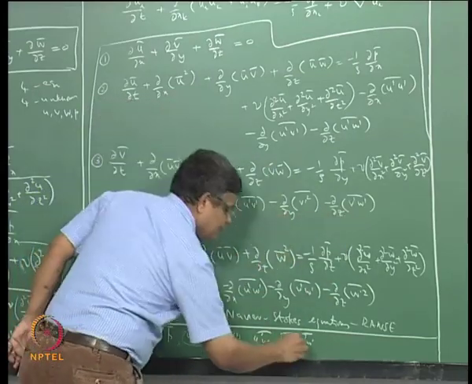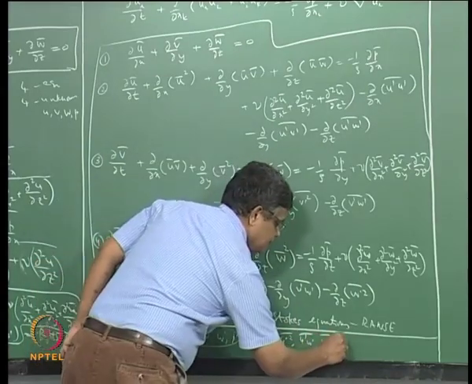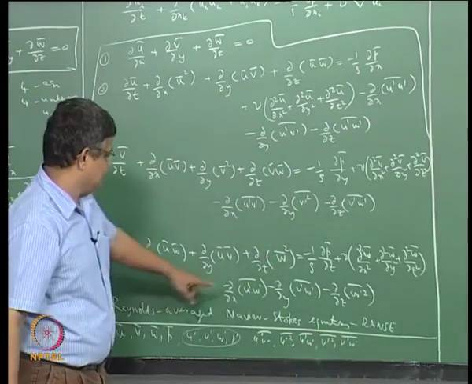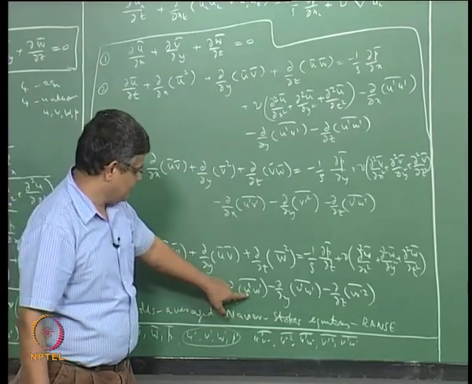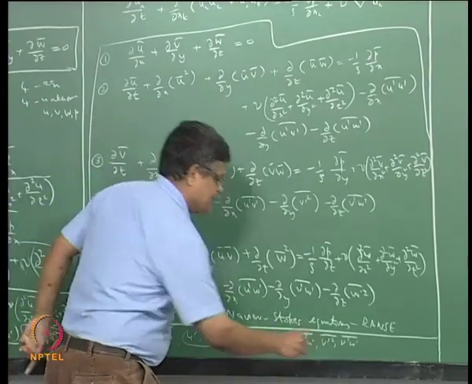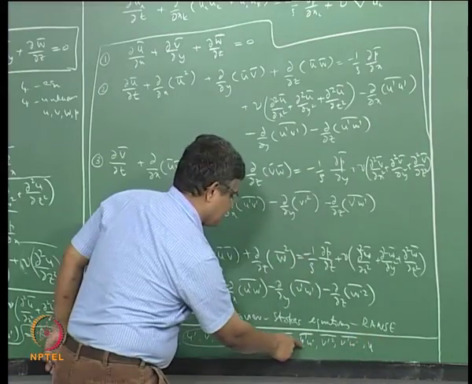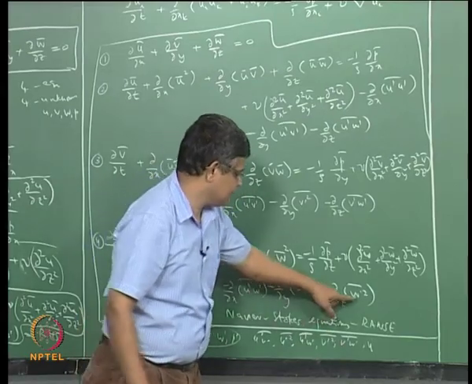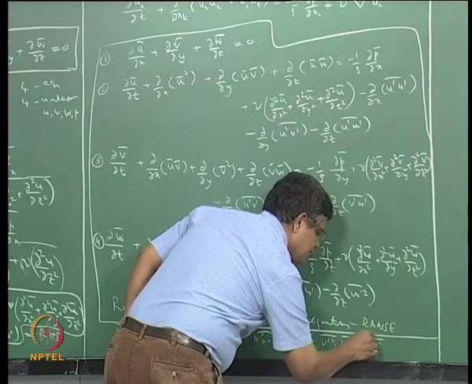So we have v prime square bar, v prime w prime bar, and if you come to the time averaged z momentum equation, this is u prime w prime bar, which we have already put here, v prime w prime bar we have already put here. So we are left with w prime square bar.